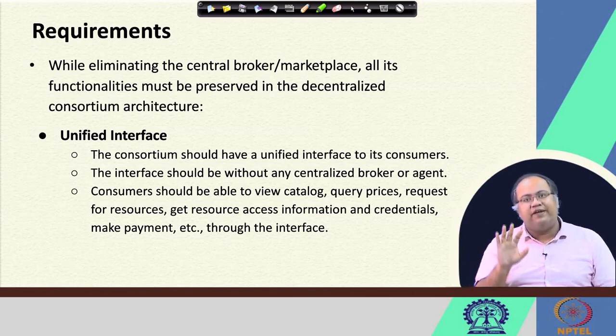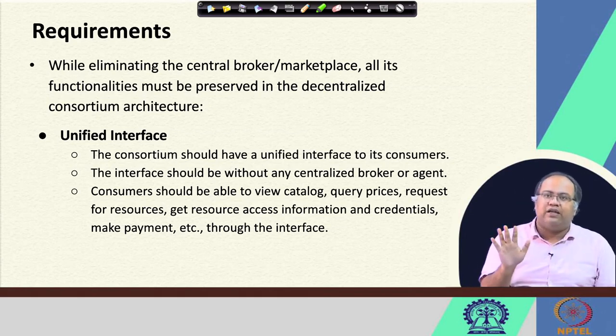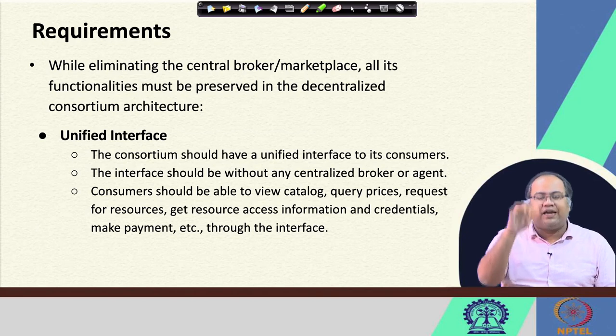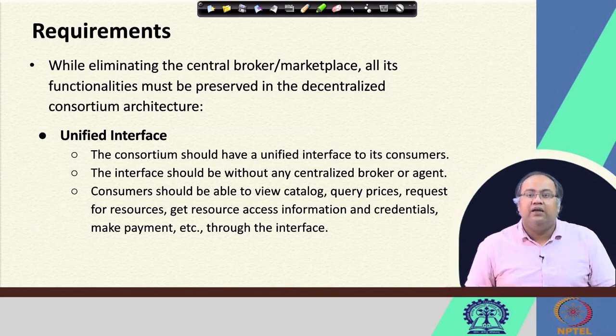So my interface or architecture should not look very different from Amazon or eBay, but at the same time it should be free from any centralized control. That was the thought process behind this.